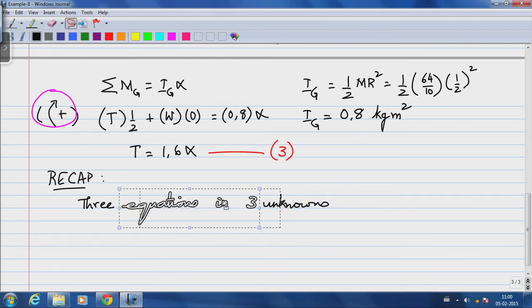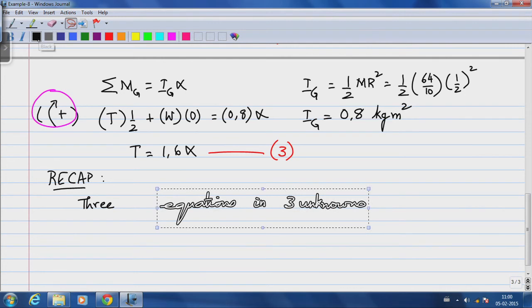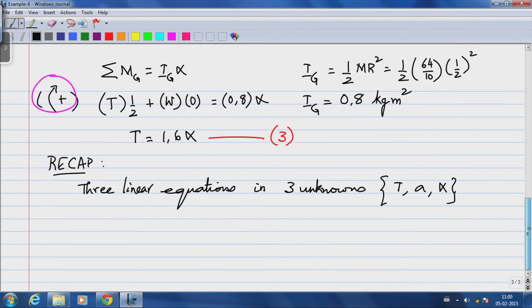There are 3 linear equations in 3 unknowns. The 3 unknowns are T, A and alpha. So, just for the sake of completeness, I will do this once, but we are anticipated to know how to solve these for the next time.